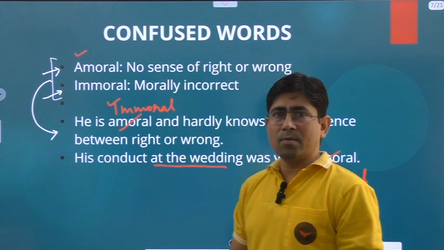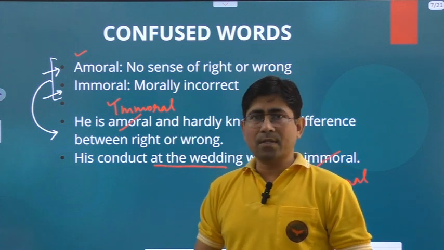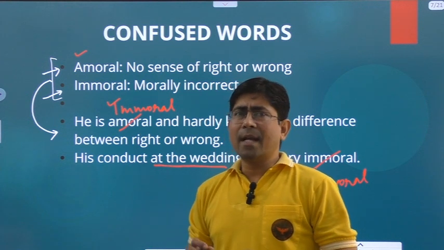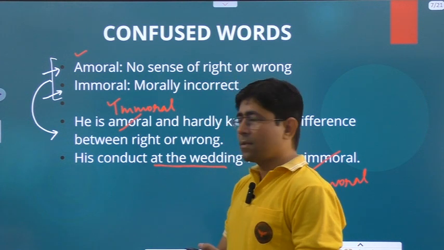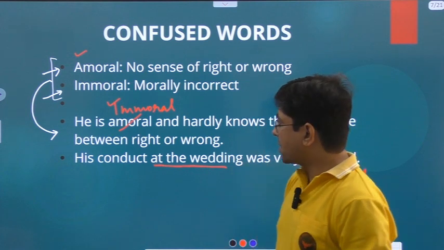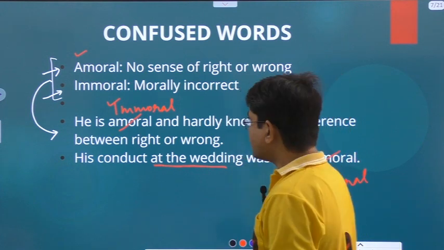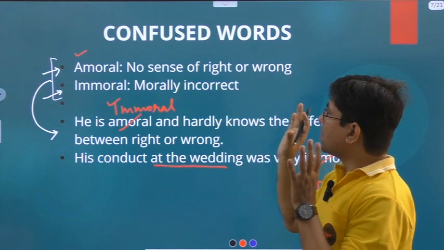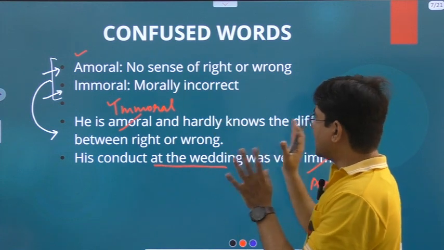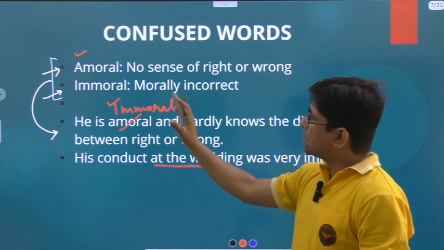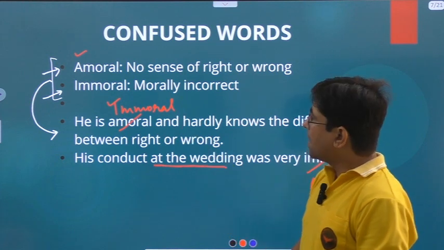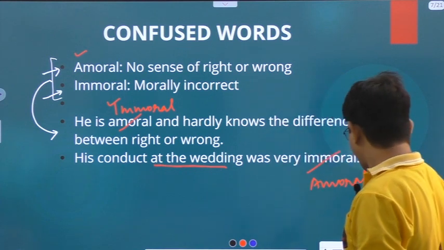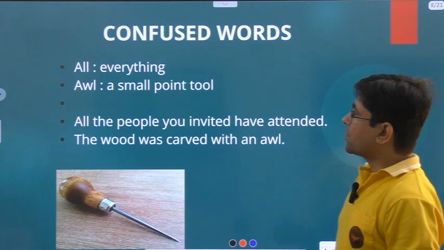I told you in the previous video, this is how these questions are asked in competitive examinations, find the error or editing. Such questions are asked in competitive and academic examinations as well. I hope these two words are very clear. Amoral means you don't have any sense of right or wrong, and immoral is morally incorrect.